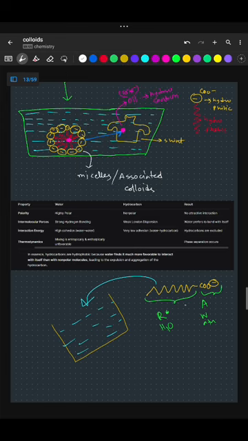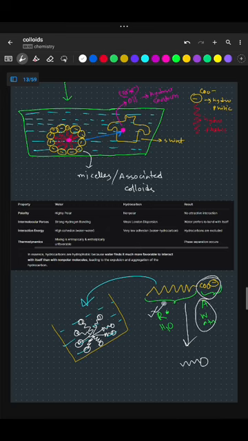due to the attraction of water towards this part, they position themselves towards the water. If I try to draw it properly, it would be easier for you to understand. You see, the head part is on the outer side and the tail part is inside, because the head part is attracting the water and the tail part is repulsing the water.